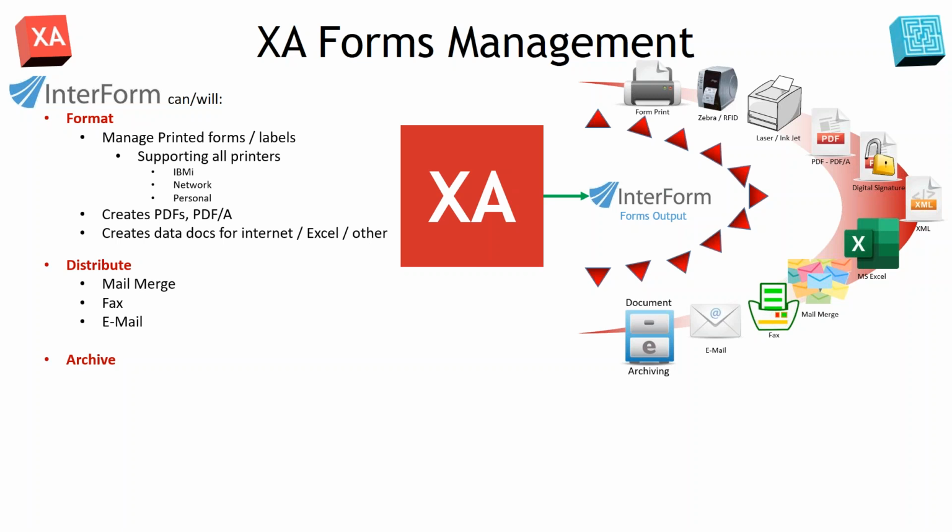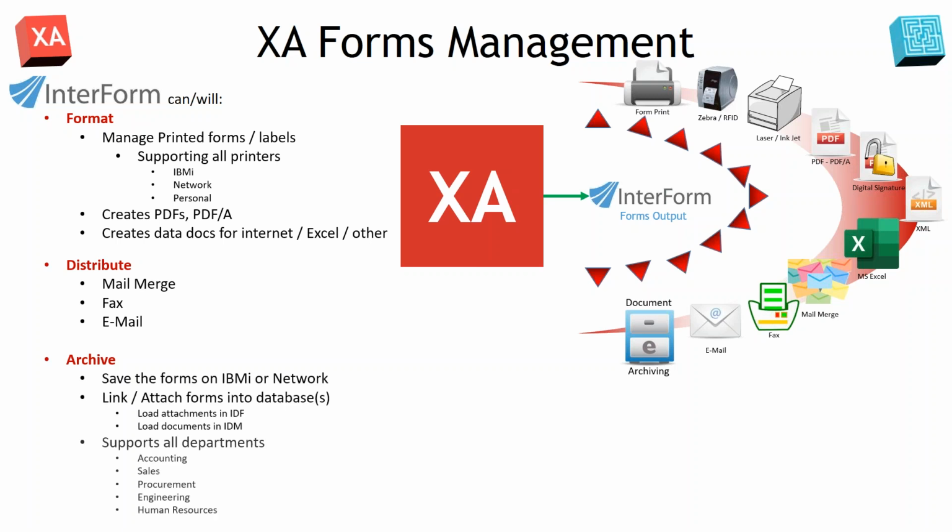And then finally, archiving. No longer have a need to print that form and put it in a filing cabinet. We can auto-connect it back into XA. You print an invoice, would you like to see it? We can put it as an attachment in XA. Would you like, when you're looking at a customer number, to be able to see all the invoices that we've printed?